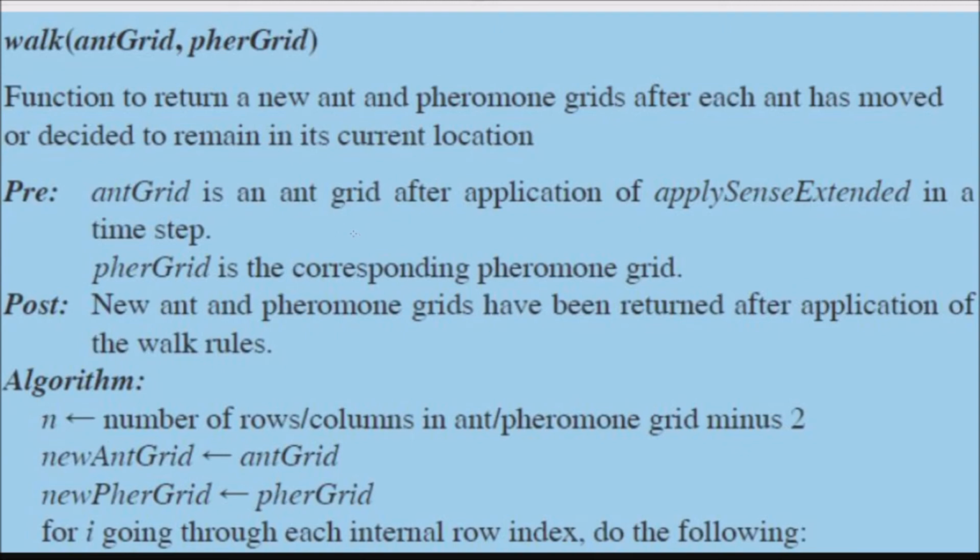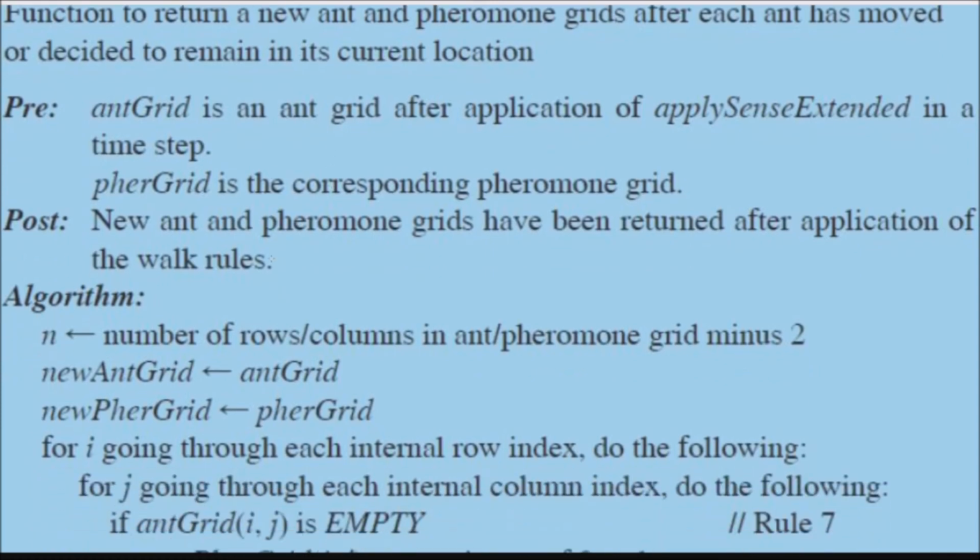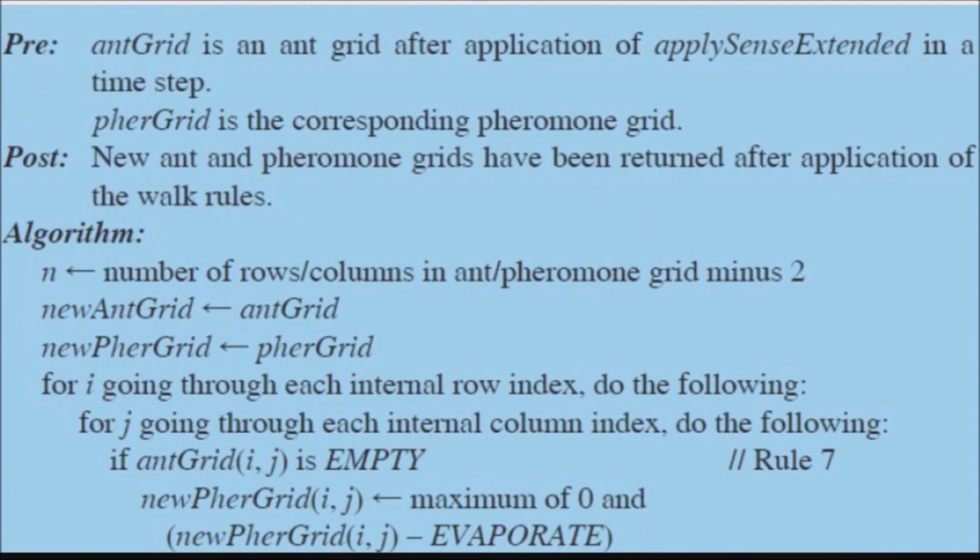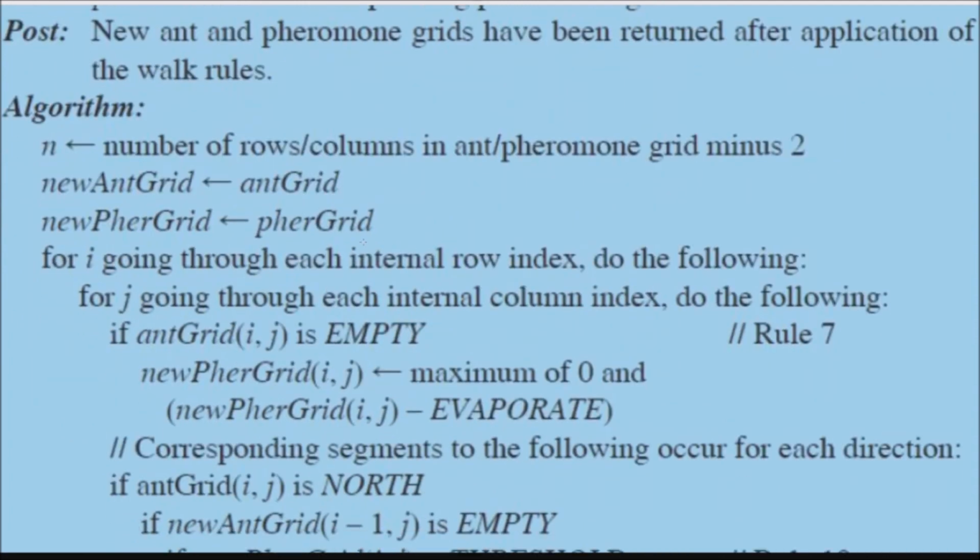In the first input of this walk algorithm, we have the Fermat grid, which is the corresponding Fermat, and then the ant grid, where the ants are. What you're going to return here is the grid, showing how those are behaving.